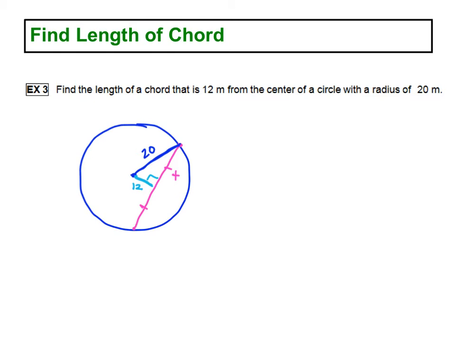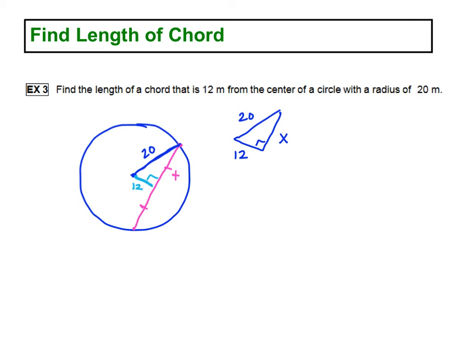So let me take that triangle. I'm just going to go ahead and redraw it out here. We have 12, x, and 20. All right, so to find x, you have two ways that you can do this.